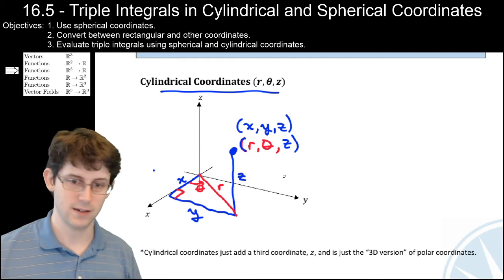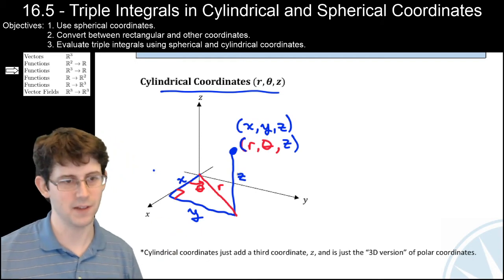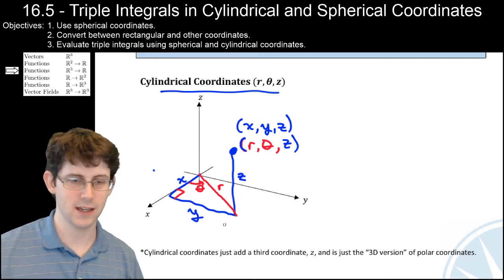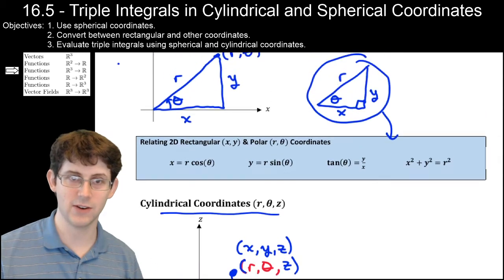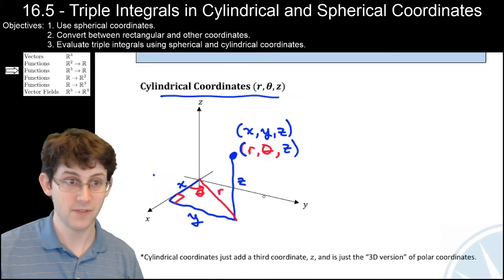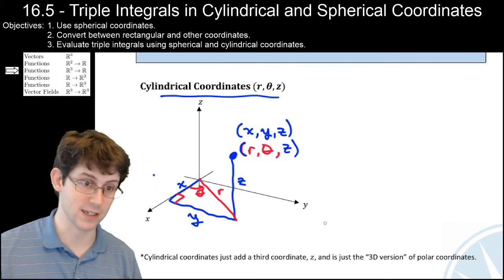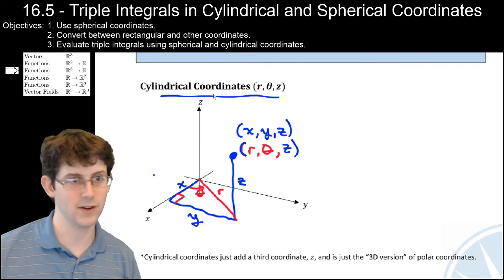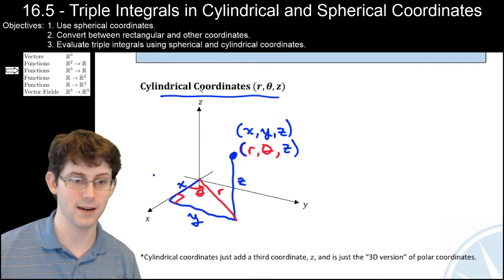And this picture shows you everything about it. Essentially all the facts that tell you how to translate between polar and rectangular coordinates in 2 dimensions are the same facts for cylindrical coordinates, because there's nothing extra going on other than what was going on in 2 dimensions.